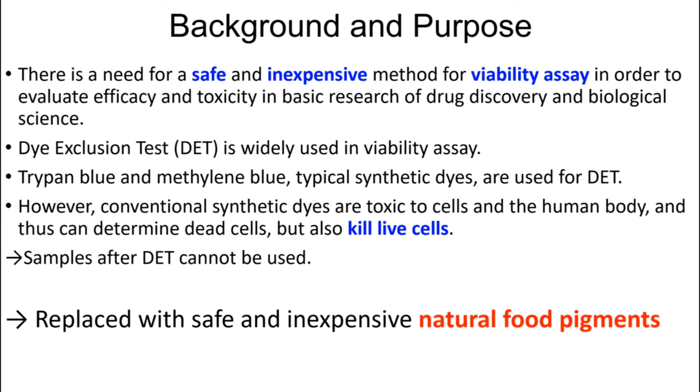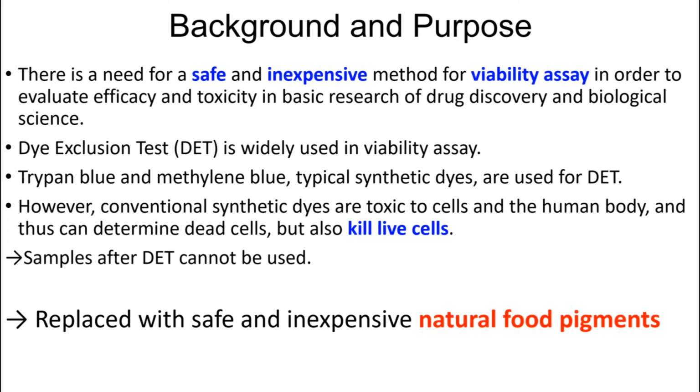Background and purpose of this research. There is a need for a safe and inexpensive method for viability assay in order to evaluate efficacy and toxicity in basic research of drug discovery and biology science. Dye exclusion test (DET) is widely used in viability assay.